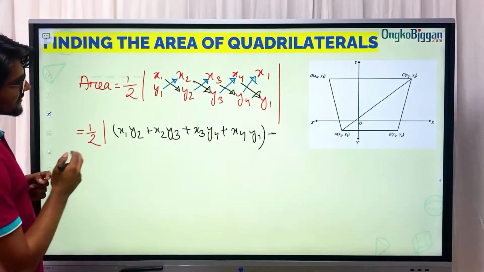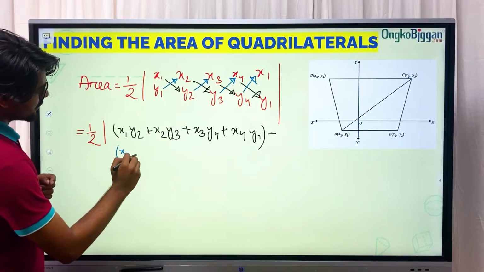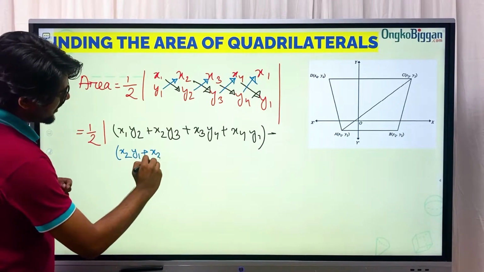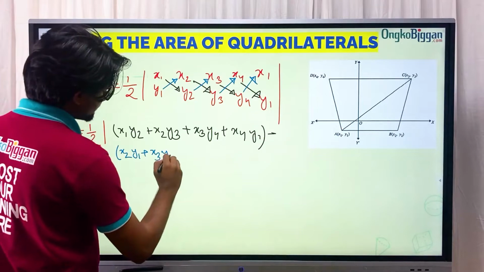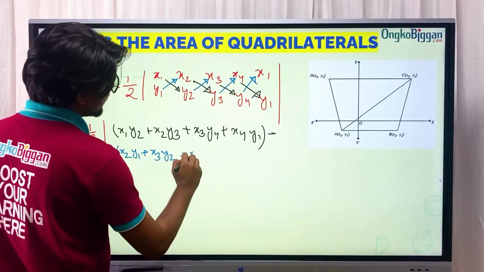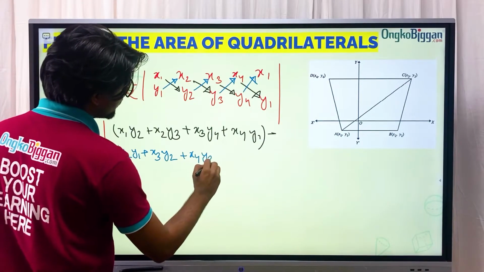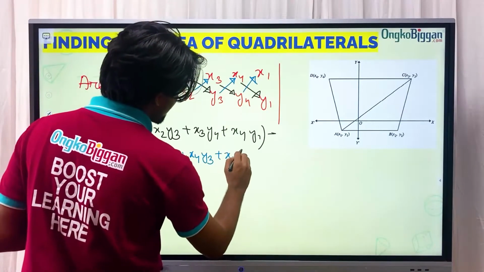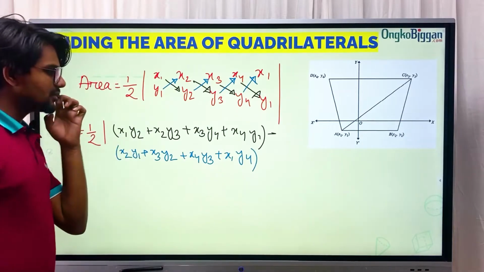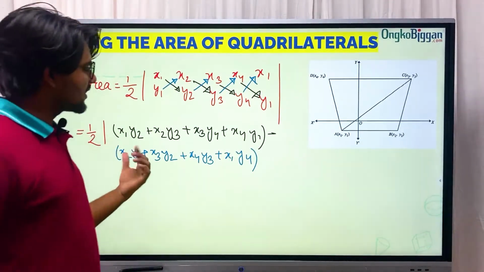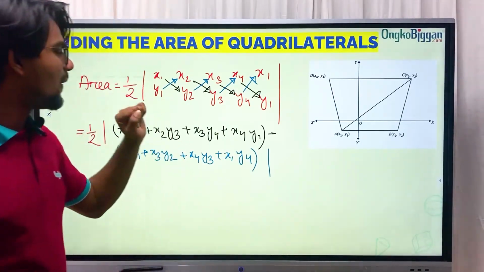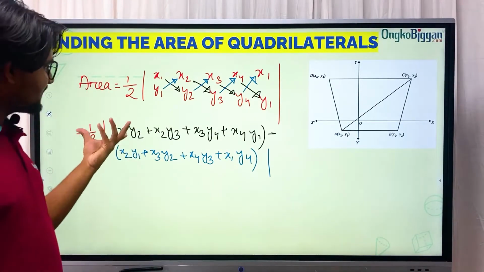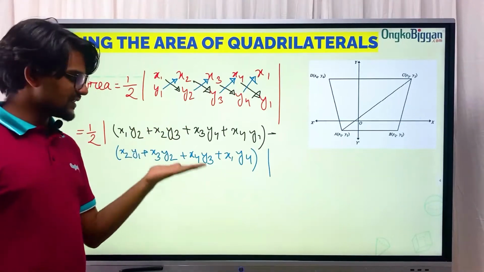So we got minus x2 y1 plus x3 y2 plus x4 y3 plus x1 y4. So now that we've written them, we have actually gotten our area of the quadrilateral. Since we don't have any value here, we can't proceed anymore.